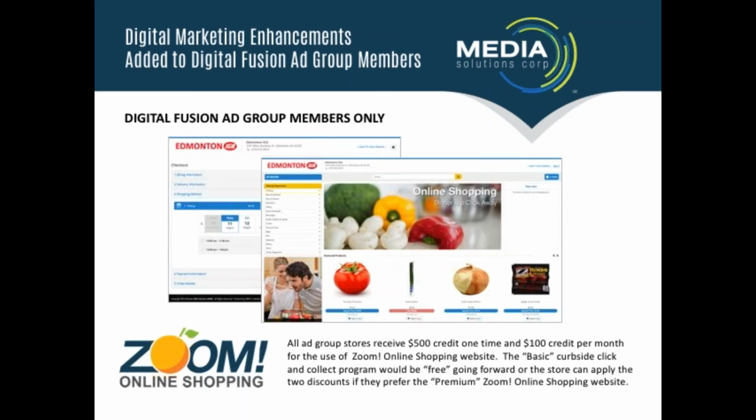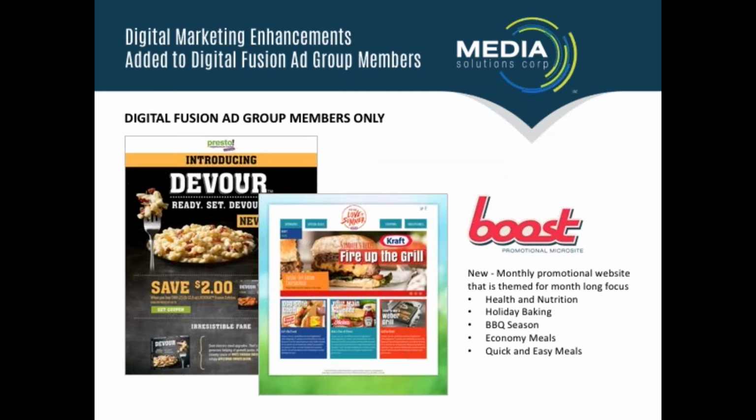If they decide that they want the premium program, we just charge that store only the difference. But everyone in the group would get this at no out-of-pocket cost and no ongoing cost if they're okay with the basic program.